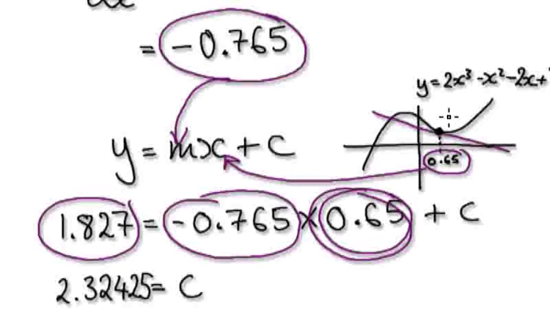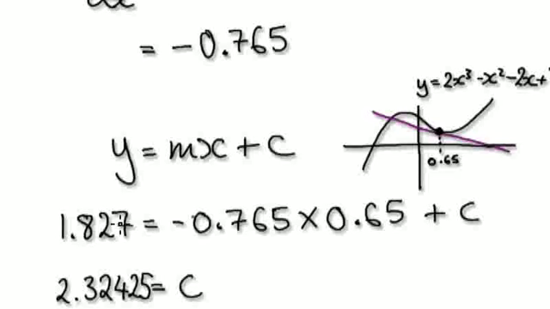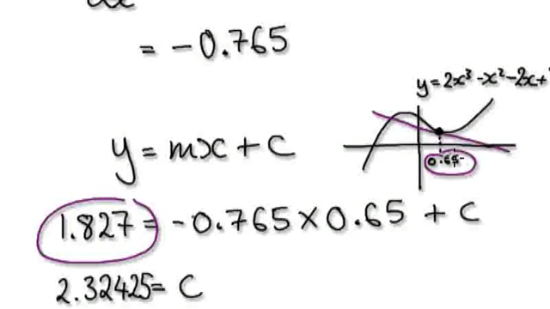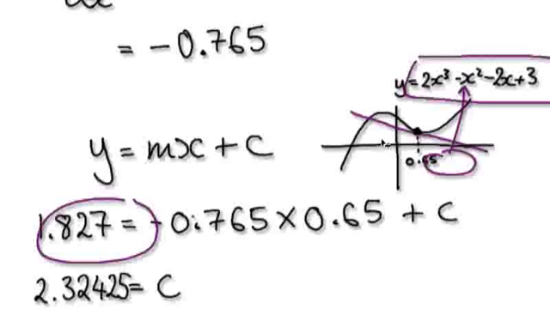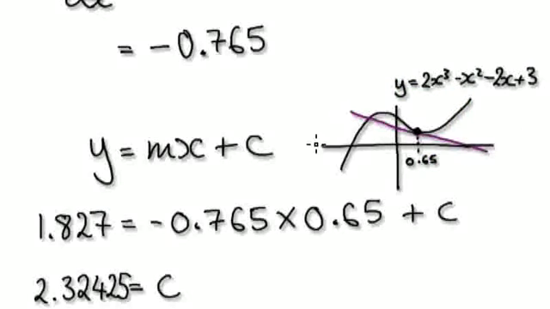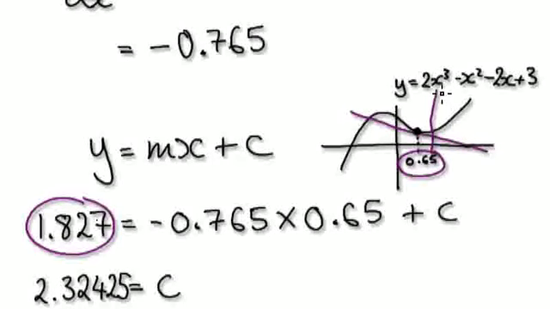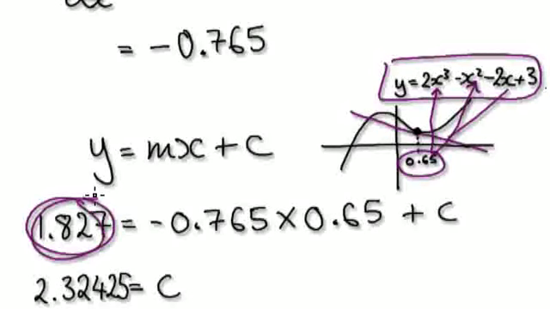And then the y at this point here is 1.827. The way you get this number here is by putting 0.65 into the original y equals blah blah blah blah. That will then give you your y value.